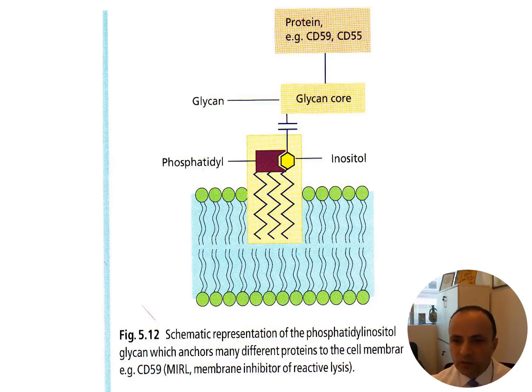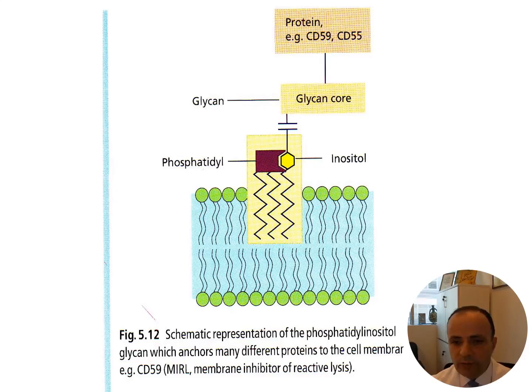And the two proteins we're most interested in are CD55 and CD59. These two proteins, CD55 and 59, are protective against the effect of complement. So if complement is activated, in order to protect the normal cell from being destroyed by complement, the CD55 and CD59 neutralize complement activation.